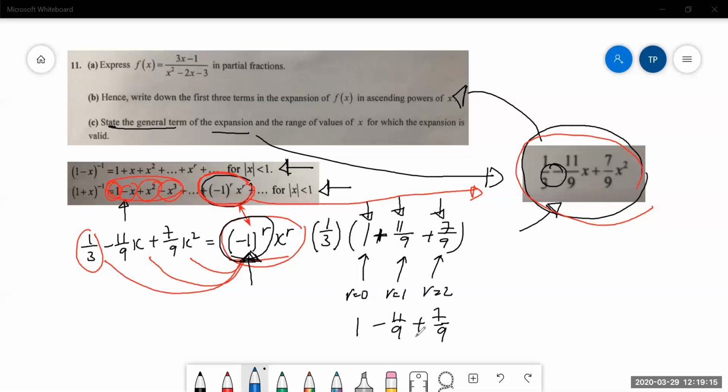You have to see it like a formula. You cannot see it like a normal mathematical expression. When I multiply this (-1)^r in, I'm going to get 1 times (-1)^r plus 11/9 times (-1)^r plus 7/9 times (-1)^r. This r is going to change values from 0, 1, and 2.